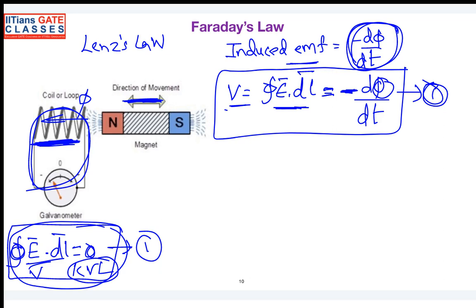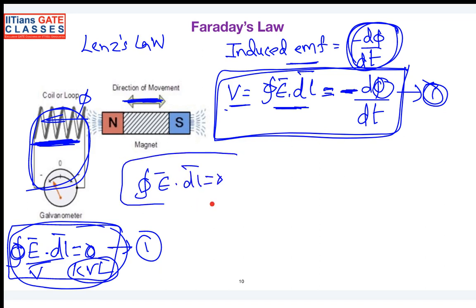That's what I was saying. When the energy is non-conservative, you can say KVL is not satisfied. When I say integral E dot dl is equal to 0, it means that whatever the source voltage is there, that is completely absorbed by the load. So there is no missing of any voltage, right?